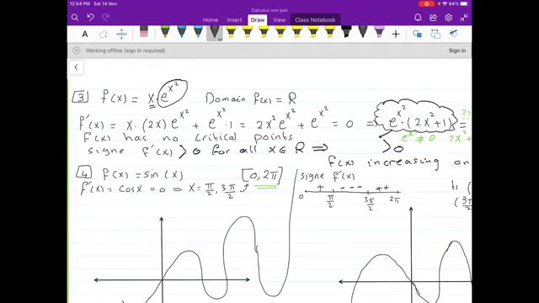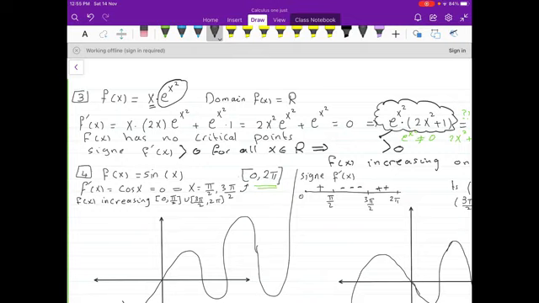So sine is increasing, so f(x) is increasing on the interval 0 to pi over 2 union 3 pi over 2 to 2 pi.